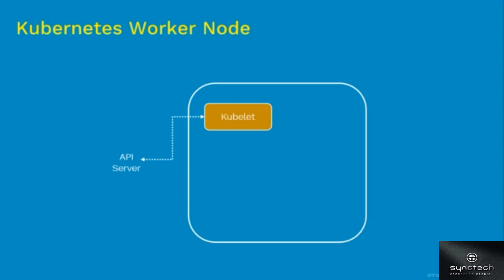First, let's take a look at the kubelet. The kubelet is a primary node agent that runs on each worker node inside the cluster. The primary objective of the kubelet is that it looks at the pod spec that was submitted to the API server on the Kubernetes master and ensures that containers described in that pod spec are running and healthy. In case the kubelet notices any issues with the pods running on the worker nodes, then it tries to restart the pod on the same node.